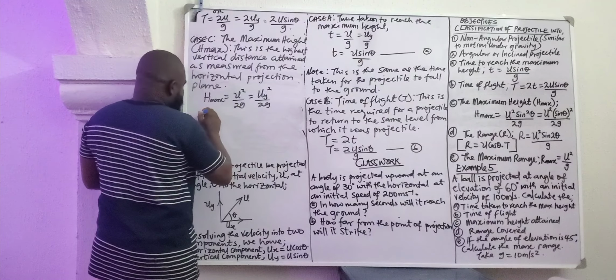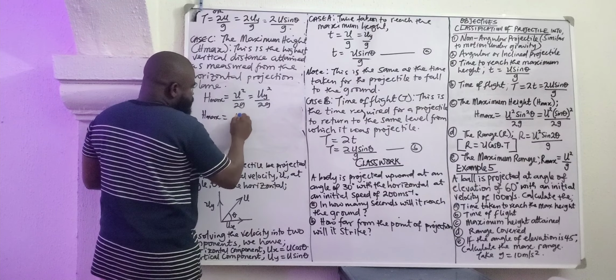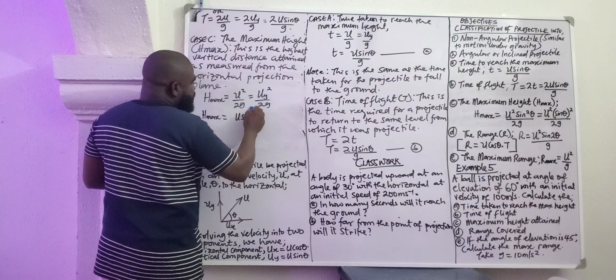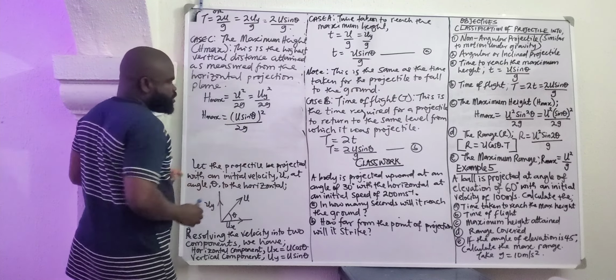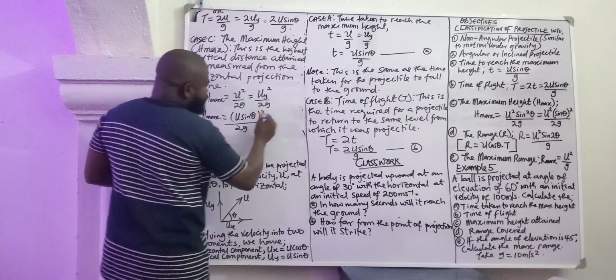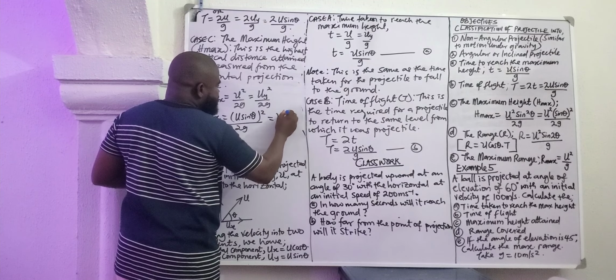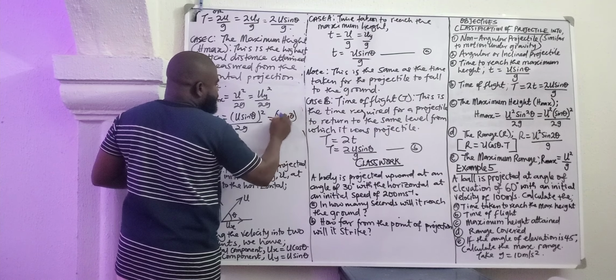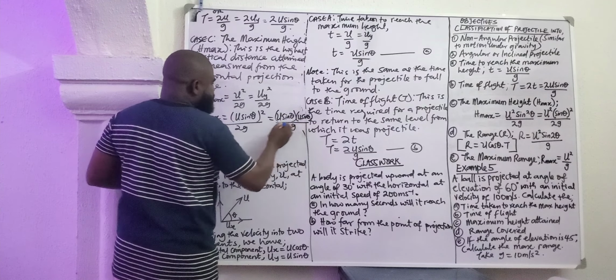And this will give us that H max is equal to (u sine theta) all squared divided by 2g. So if you open this bracket, this square, it will give you what? u sine theta multiplied by u sine theta divided by 2g.